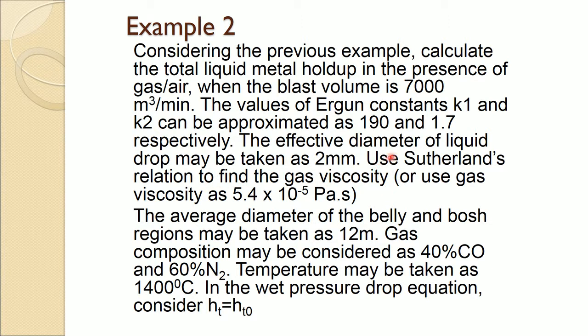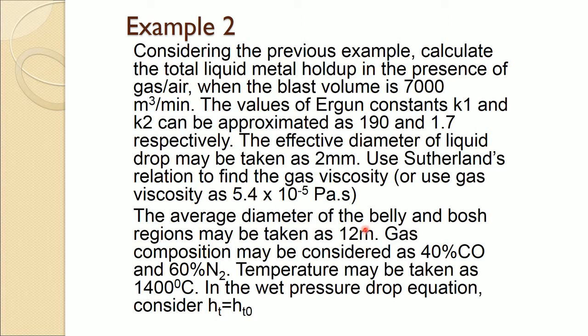This is important. If you have read in your undergraduate heat or momentum transfer, you would be quite familiar with this Sutherland relation by which you can calculate the gas viscosity. Those who do not know that may use the gas viscosity as 5.4 into 10 to the power minus 5 Pascal second.